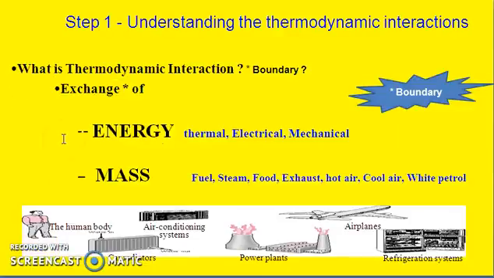It can be electrical energy, as in the case of a refrigerator, where the electrical energy is the input. There can be a mass interaction as well: fuel for an aeroplane, steam in a steam power plant, exhaust, hot air, cool air in the case of air conditioning, etc.